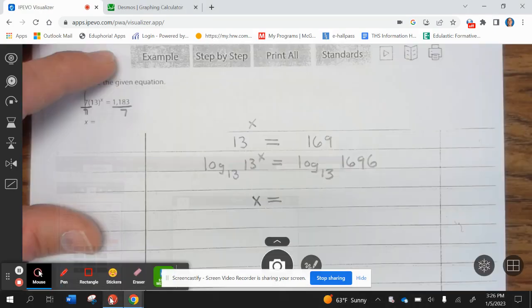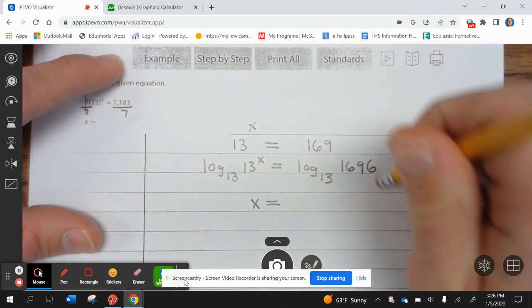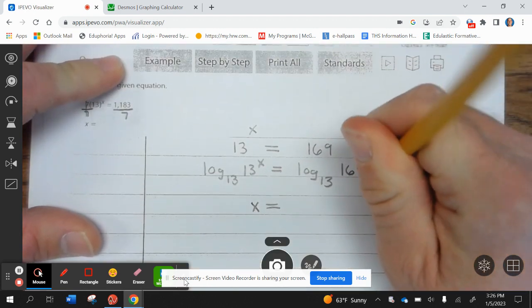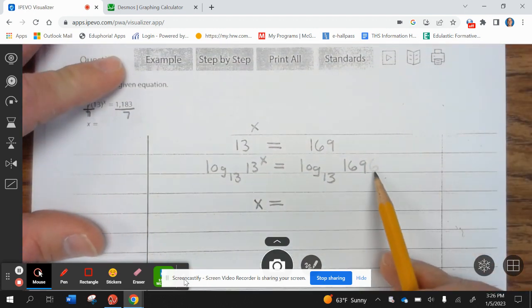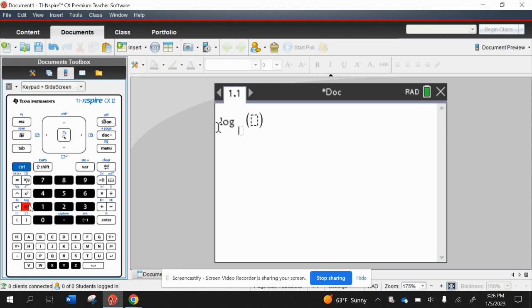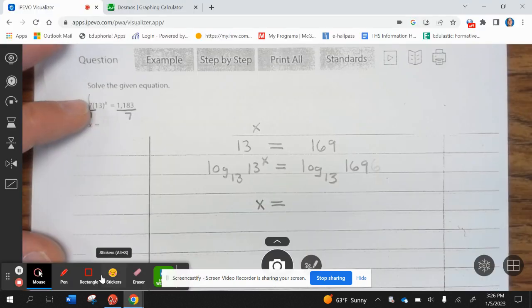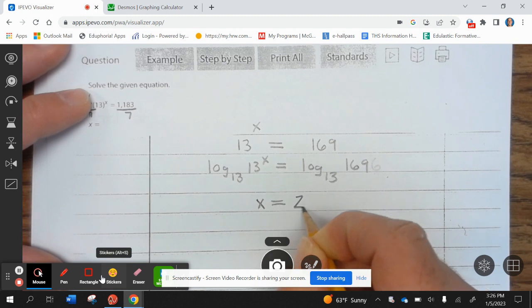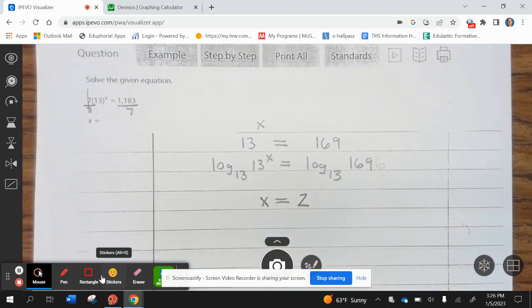Let me go back here. I apologize. Somehow I accidentally wrote a 6 there, which is weird. It should be 169. So let's go back and put that in the calculator. So control log of 13 of 169 is 2. Okay, so x equals 2.